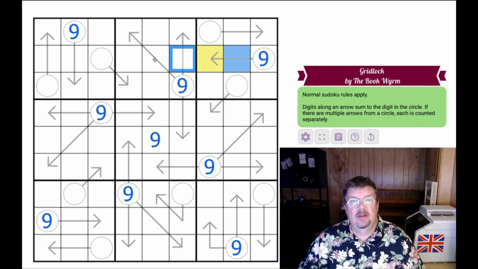And by sudoku, that cannot be yellow or blue. And because those sum to 9, if that is not yellow or blue, then nor can that be. Because if that were yellow or blue, this would have to be yellow or blue in order to make it sum to 9. So that can't be yellow or blue either.